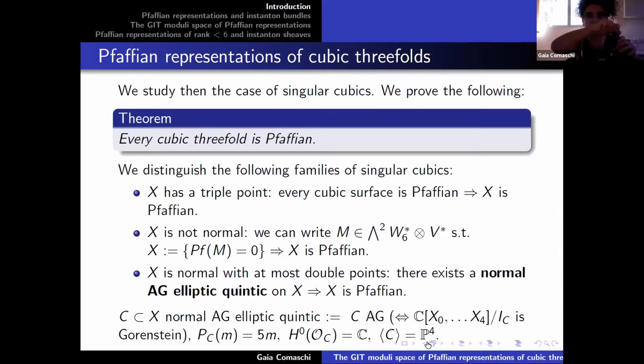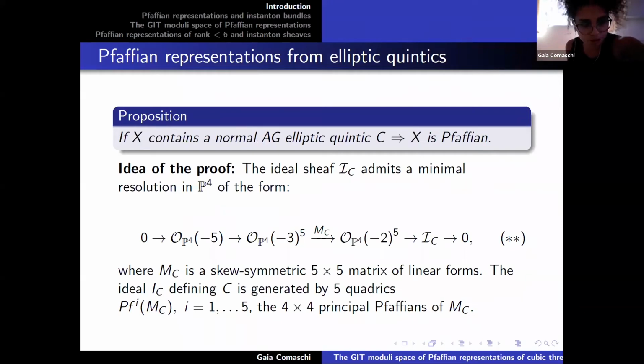And the space of global sections of the structure sheaf is exactly equal to C. So we have the following implication. Whenever a cubic threefold contains a curve of such a kind, then it is Pfaffian.